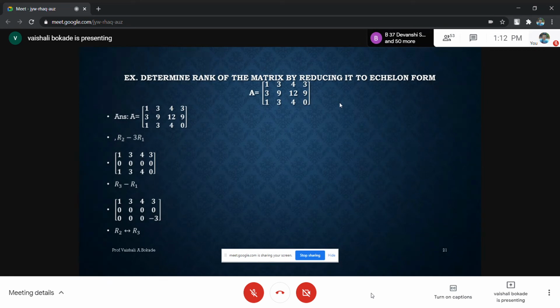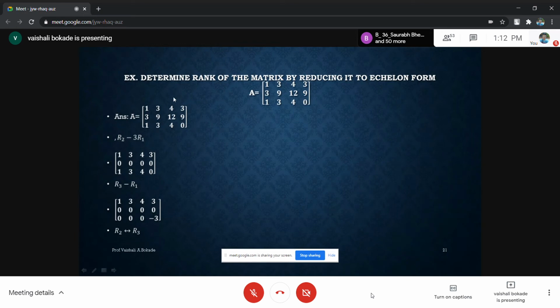Sometimes they may ask you to determine the rank of the matrix by reducing it to echelon form, or they may ask you to convert the matrix to normal form or PAQ form. Let us go for one example: determine the rank of this matrix A by reducing it to echelon form. So I have a 3 by 4 matrix.